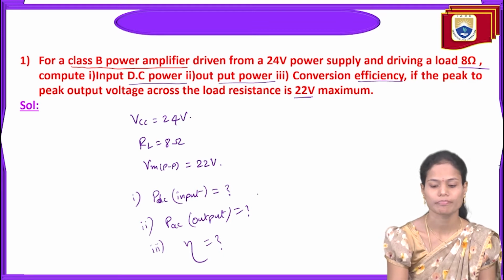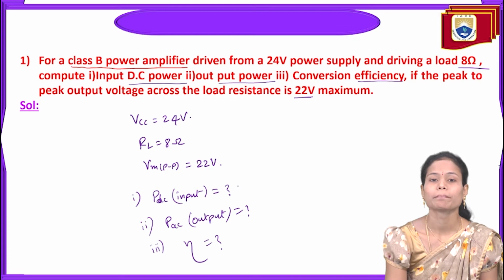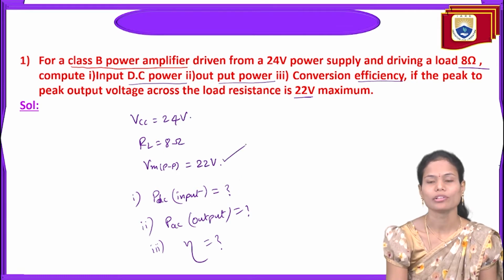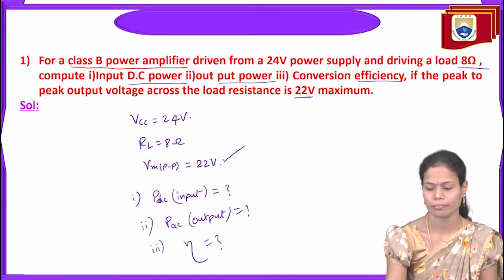To calculate the powers, we require the voltage levels as well as the current levels of the circuit. The peak-to-peak value is already given, so from this we can find the DC current flowing in the power amplifier.